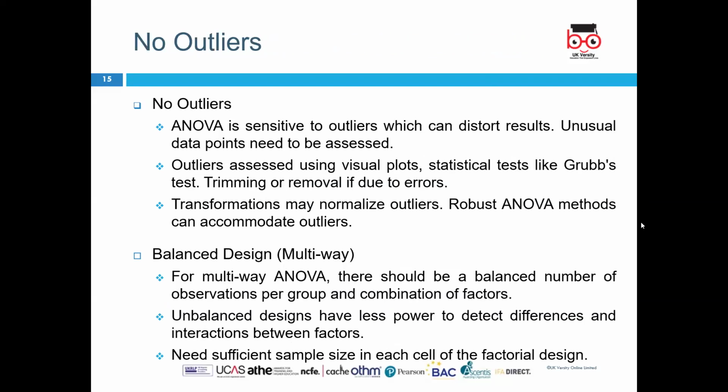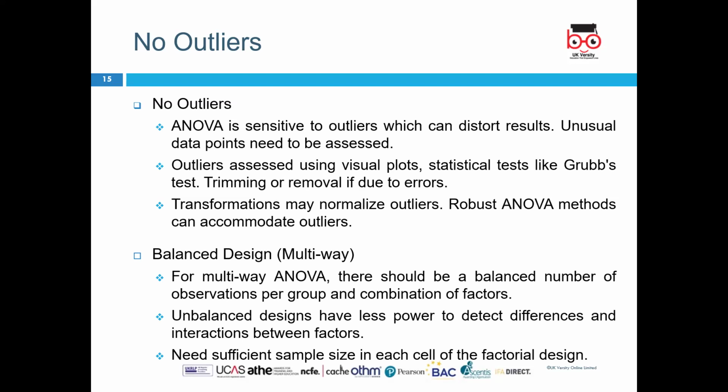The next assumption is no outliers, which means there should be no outliers, basically values that are very large as compared to the means. That should be avoided in any data that you're selecting. ANOVA is sensitive to outliers, which can distort the results. So unusual data points need to be assessed.